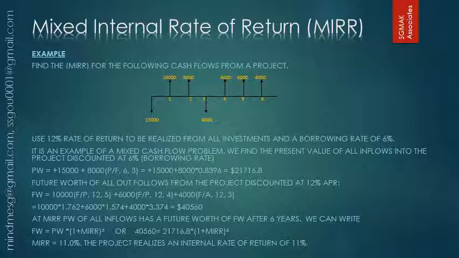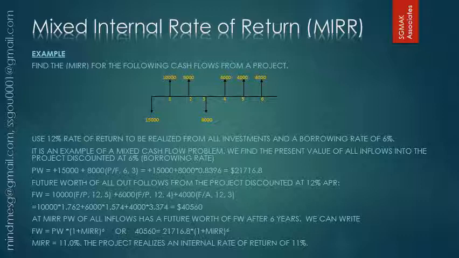So future worth, as you can see that expression, one cash flow we are moving 5 periods into the future, another one 4 periods in the future, and then we have 3 cash flow that we can treat as an annuity, and we find the future value at the end of 3 years. And that gives us a total future value for all benefits coming out of the project as $40,560.